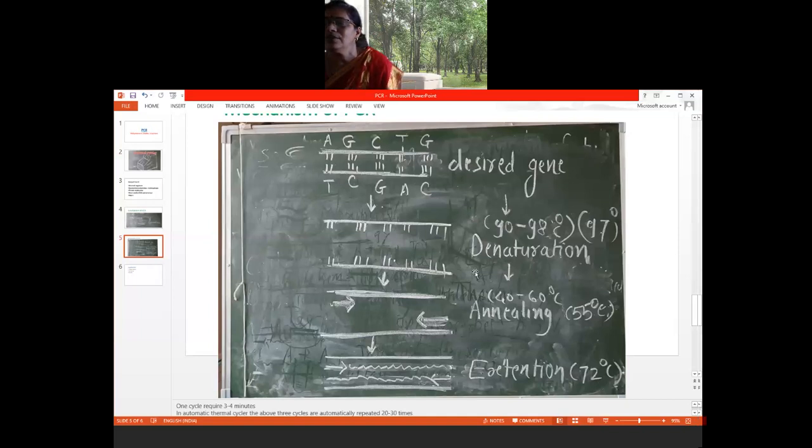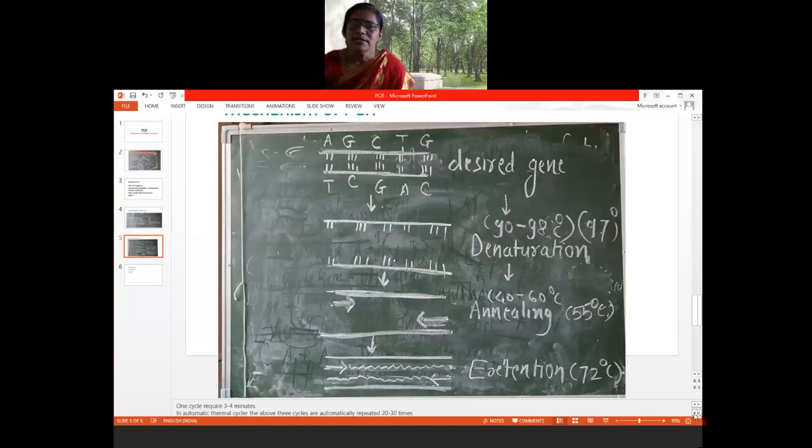In denaturation, the weak hydrogen bonds get broken, and more energy is required to break the GC bond, because three weak hydrogen bonds are present between G and C, instead of two between A and T. Then in annealing, the RNA primers are added on the single stranded DNA.